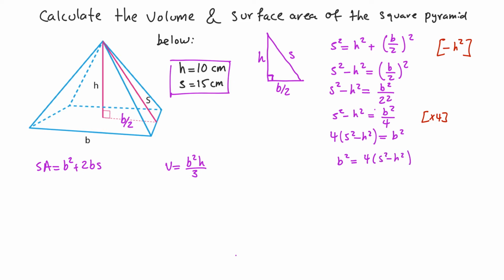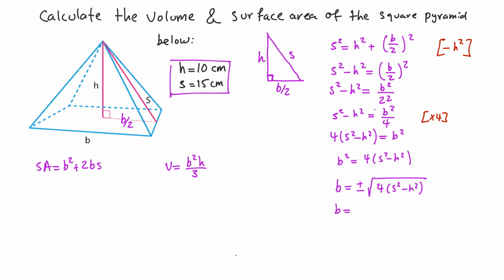That way it's just a little bit easier to see. Now to solve for b, I will have to square root both sides. I will get b is equal to plus or minus the square root of 4 times (s squared minus h squared).